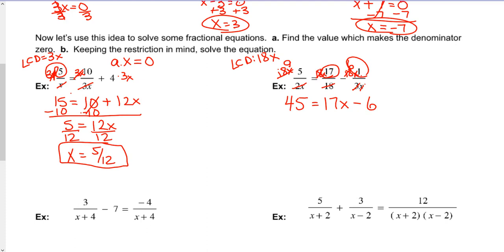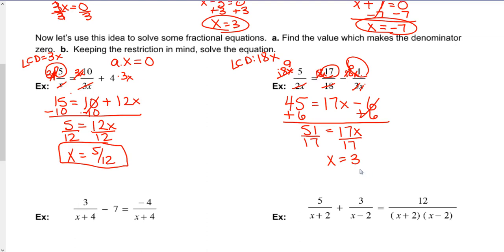And so again, here I have a two-step equation, so it's important to know how to solve those. I'm going to get the variable by itself by adding 6, and I'm left with 17x on the right, and 51 on the left. Divide by the number next to the letter, and that gives me x equaling 3.